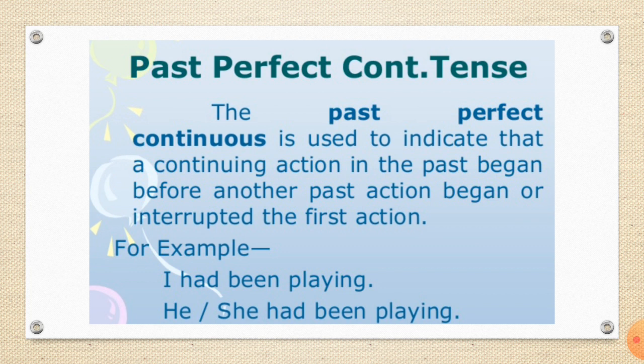Now we will see past perfect continuous tense, the uses of past perfect continuous tense, in which condition we must use this tense. Past perfect continuous tense is used to indicate that a continuing action in the past began before another past action began or interrupted the first action.